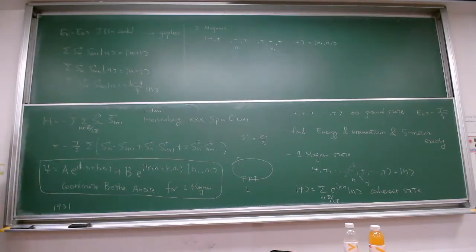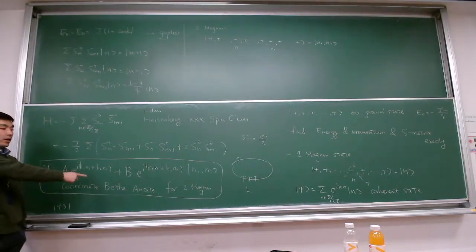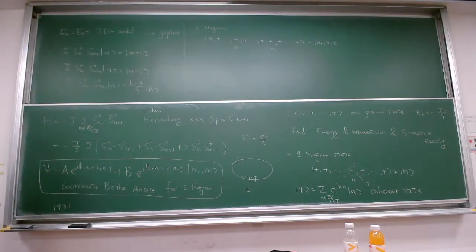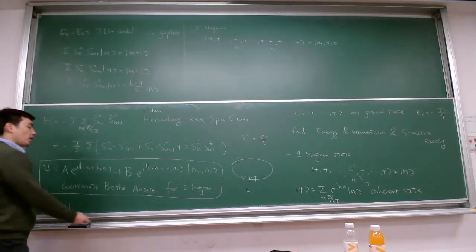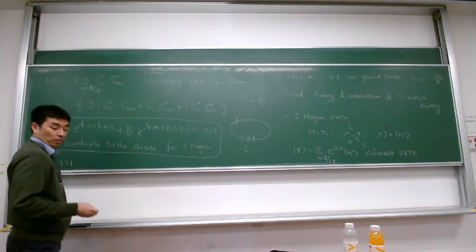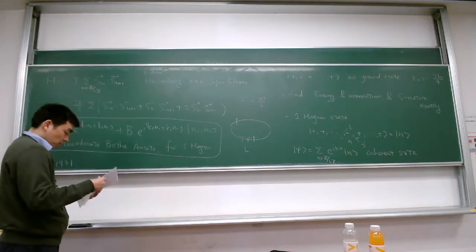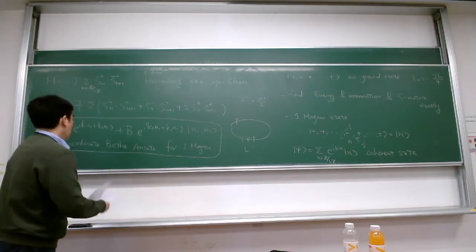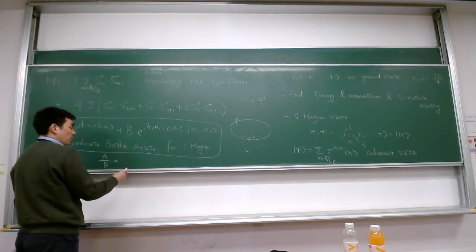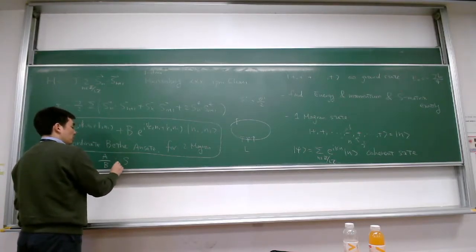It's a plane wave, and if you swap the two momenta, you have a different coefficient B, and the ratio between A and B is called the scattering amplitude, the S matrix. I forgot which notation; in my notation, A over B is essentially the scattering matrix, the S matrix.